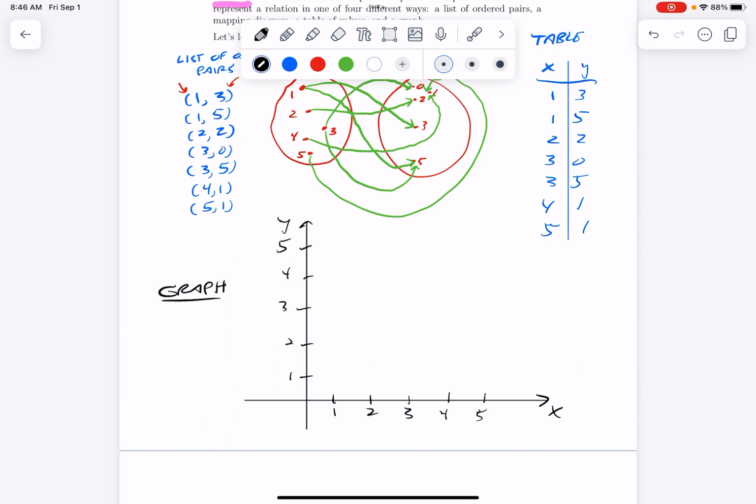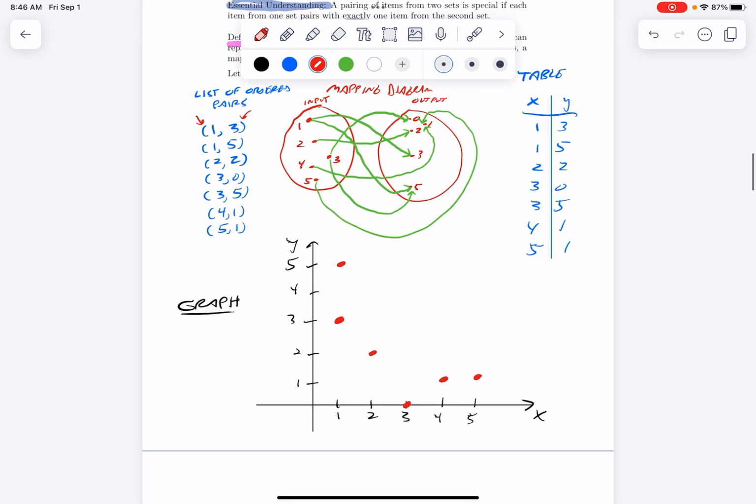And for each one of these ordered pairs, I'm just going to plot the corresponding point. So 1, 3 is like that. X is 1 and Y is 3. 1, 5 is like that. 2, 2. 3, 0 means X is 3 and Y is 0. 4, 1. And 5, 1.